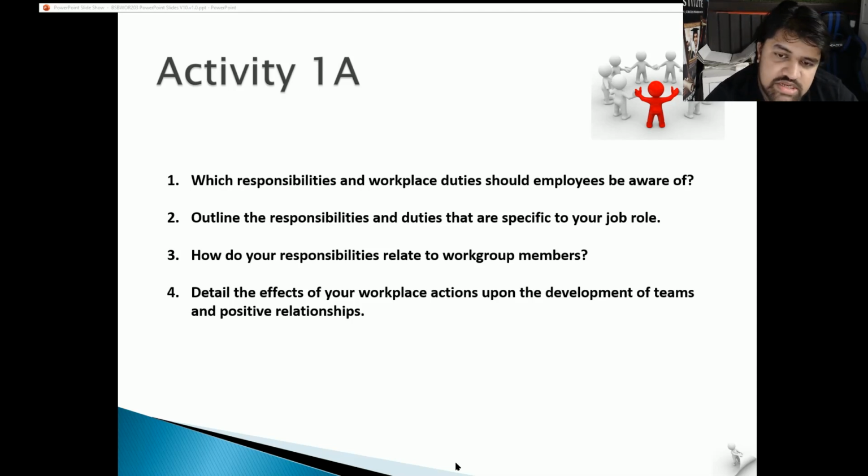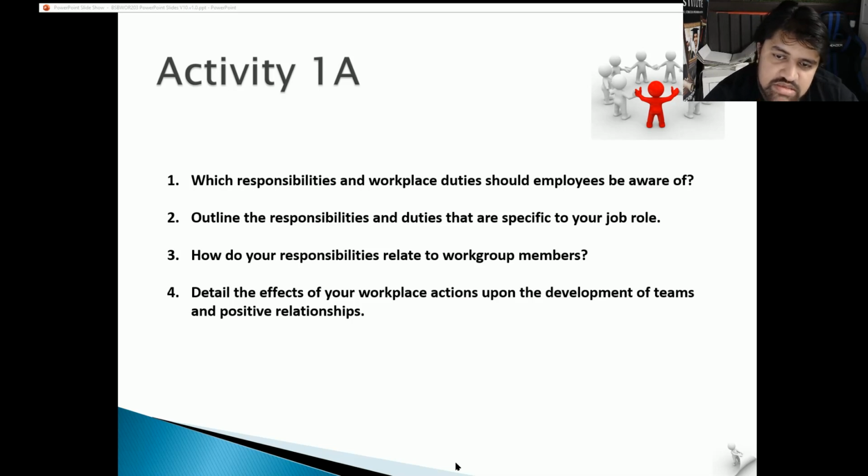We also need to understand that when we create positive relationships, essentially more output will be given. So if your colleagues are happy, that means they will work a bit harder. If you're happy, it means you'll enjoy your work, so you'll work a bit harder, have more output.